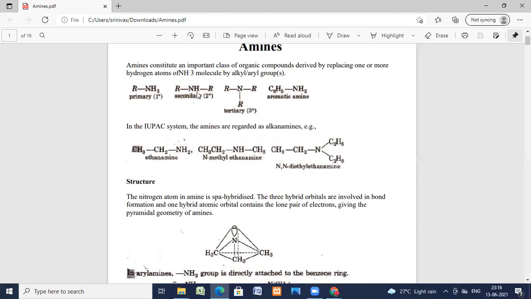If the NH group is attached to two R groups, then that is a secondary amine. If N is attached to three R's, then that is a tertiary amine. And if the NH2 is attached to the aromatic group, then that is the aromatic amine.